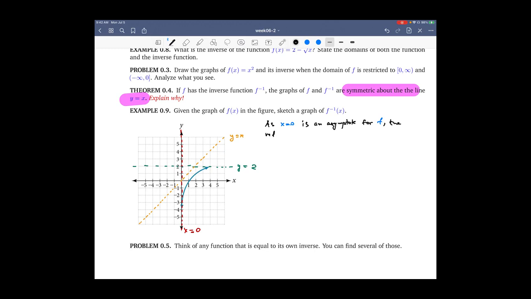The reflection of x equals 0 about the line y equals x, which is y equals 0, will be an asymptote for f inverse.